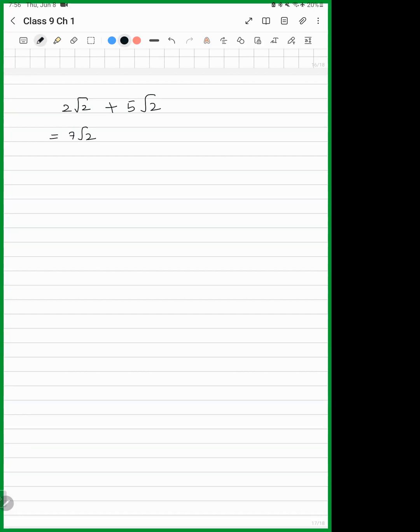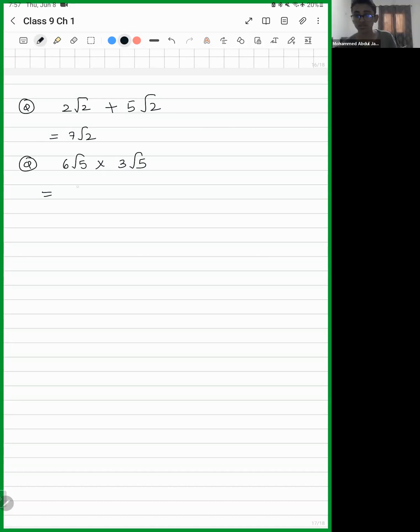How about 6 root 5 multiplied by 3 root 5? This will be, ma'am, 6 into 3, then 18 root 5.